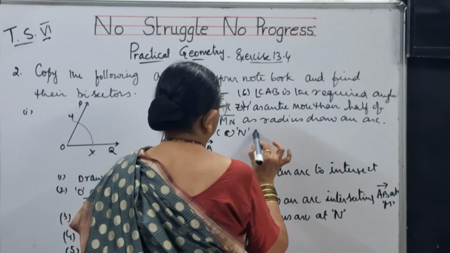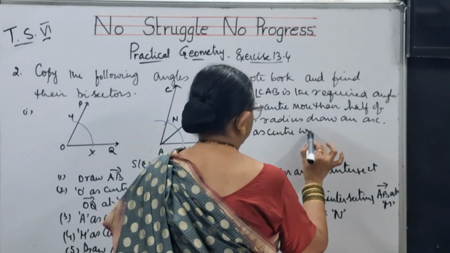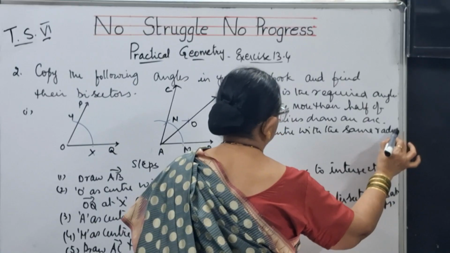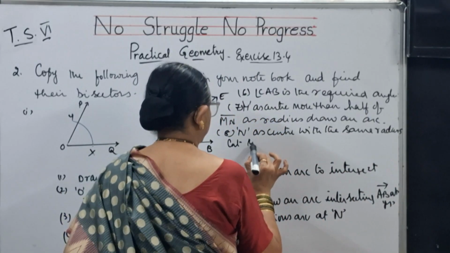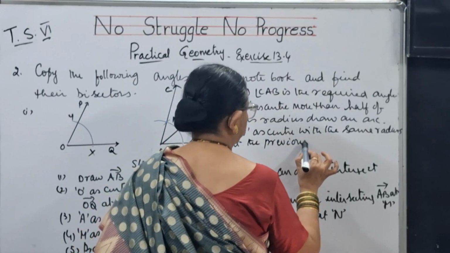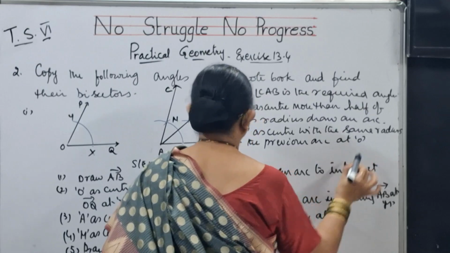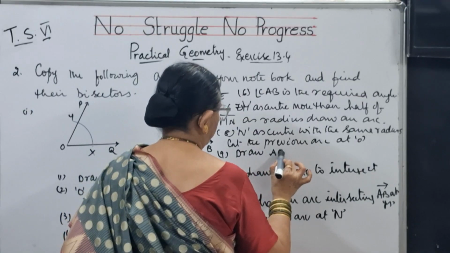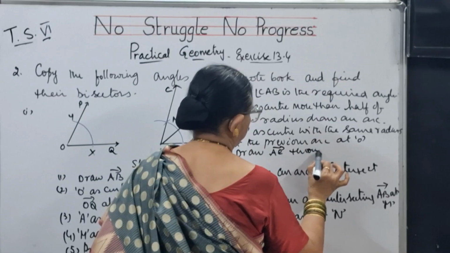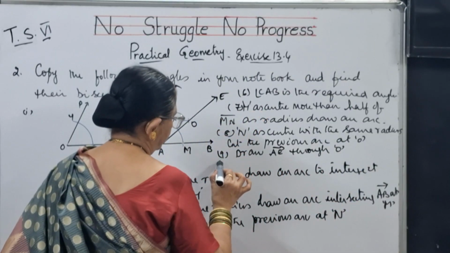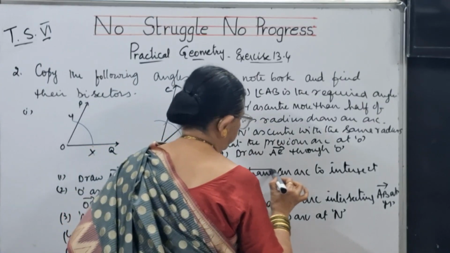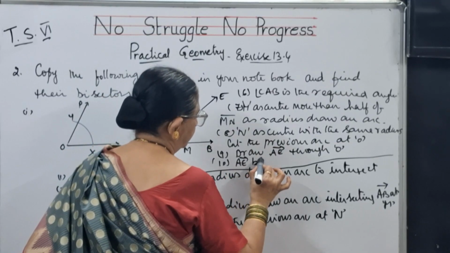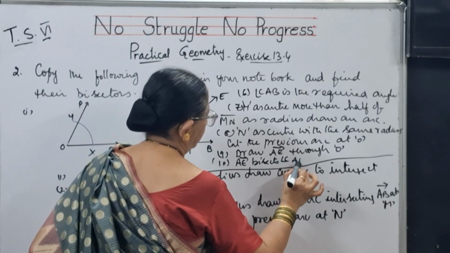Eighth, N as a center with the same radius, cut the previous arc at O. Ninth point, draw AE ray through O. And tenth point, AE bisects angle CAB.